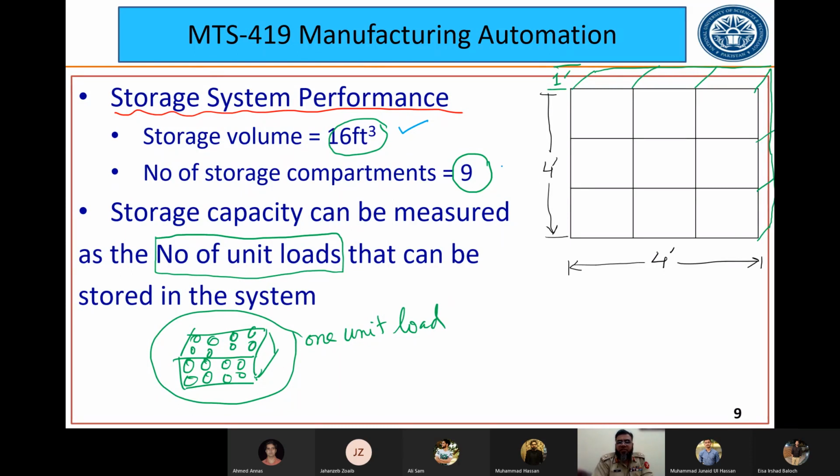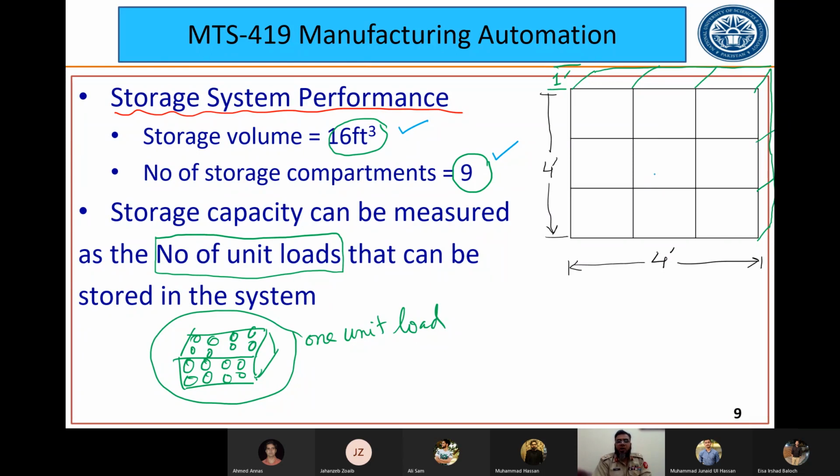And then if I look at it in terms of number of storage compartments, it has 9 storage compartments. So this is the compartment which I have drawn here. So this is going to store 9 unit loads for me.